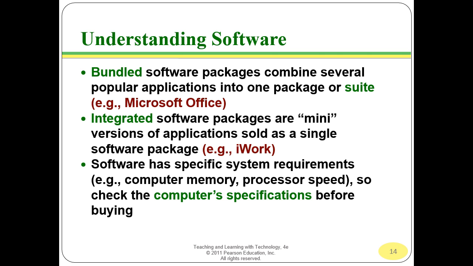Now, software has specific system requirements like computer memory and processor speed, so check the computer specifications before buying. You want to make sure that your computer is going to be able to handle the software that you're going to be using. Whenever you go to purchase your software, look at the box it comes in, towards the back, and it will list the recommended specifications for a computer to run that software.